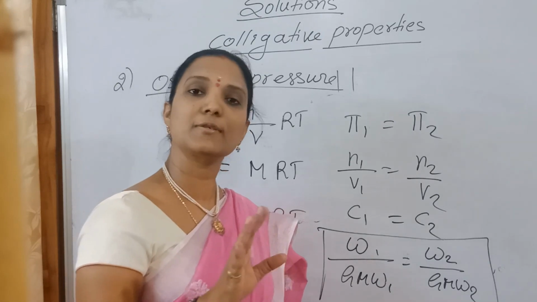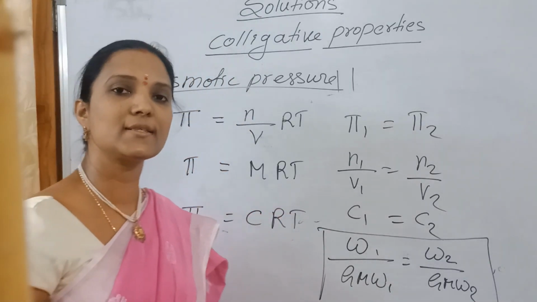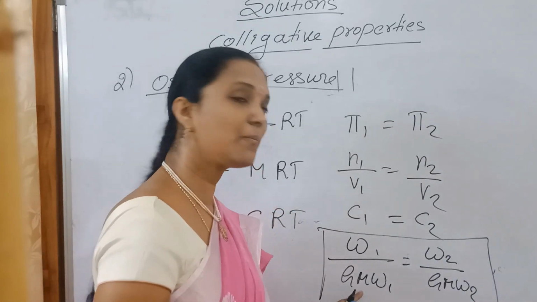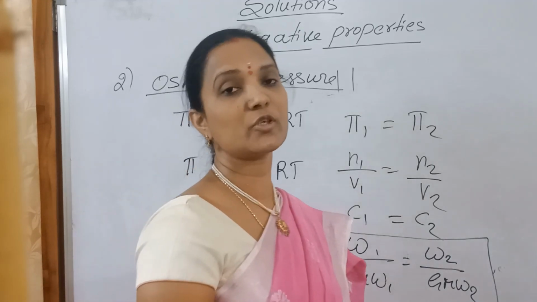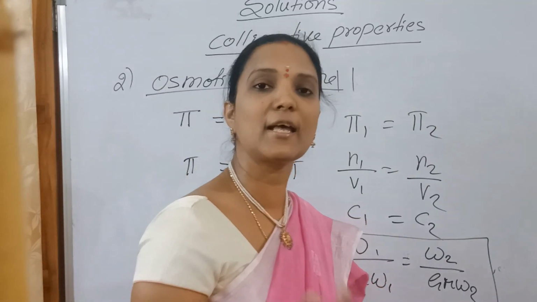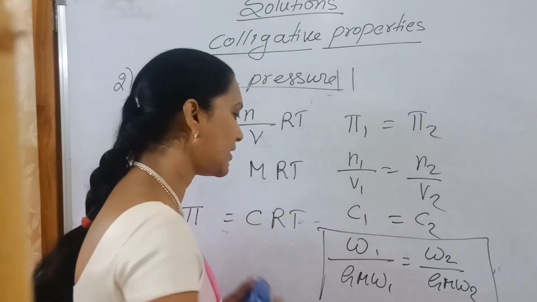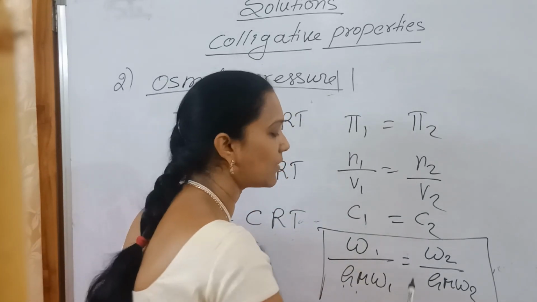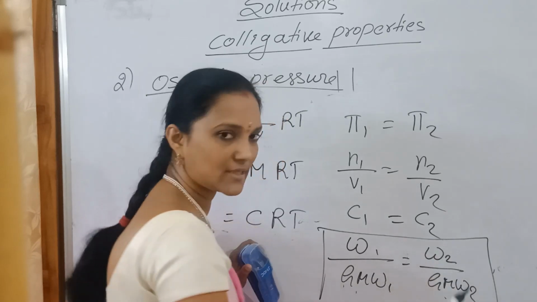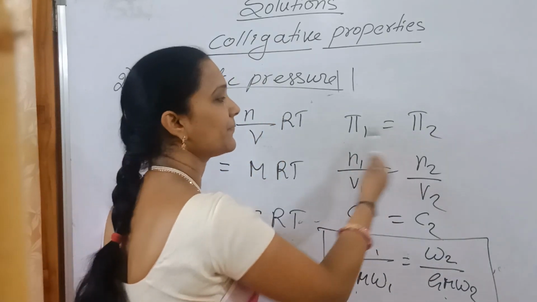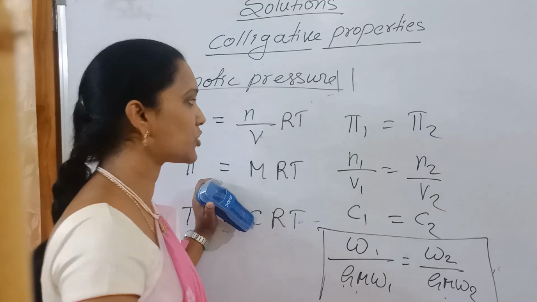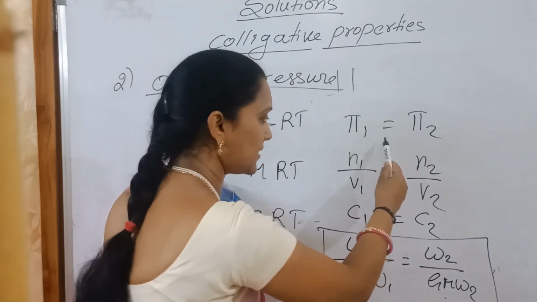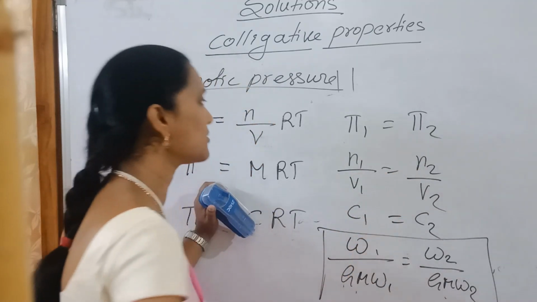Two solutions have the same osmotic pressure. One is a urea solution, we know the molecular mass. Another solution is unknown. Find the molecular mass of that unknown. At that time use this formula: mass by gram molecular mass of one is equal to mass by gram molecular mass of another, because both have the same osmotic pressure. Same osmotic pressure given, this is equal, then this is also equal.